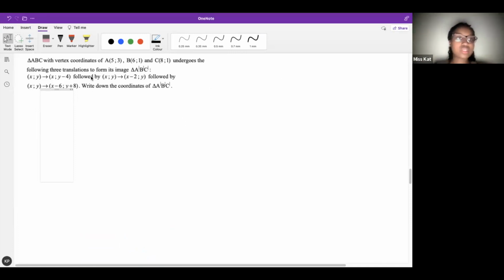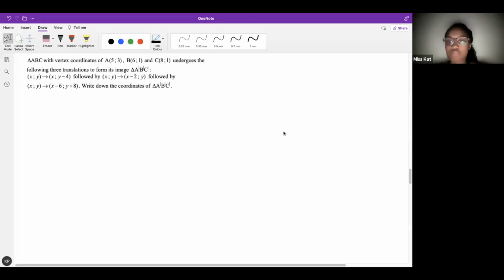Triangle ABC with vertex coordinates of A (5, 3), B (6, 1), and C (8, 1) undergoes the following 3 translations to form its image triangle A prime, B prime, C prime. Okay, and then it says write down the new coordinates of the triangle A'B'C' after all of these translations.